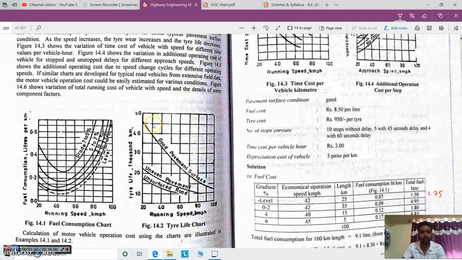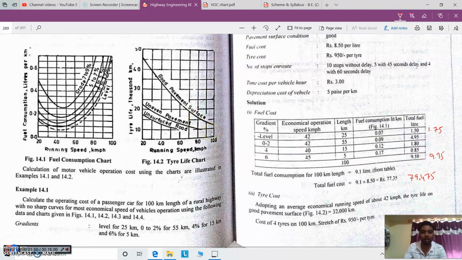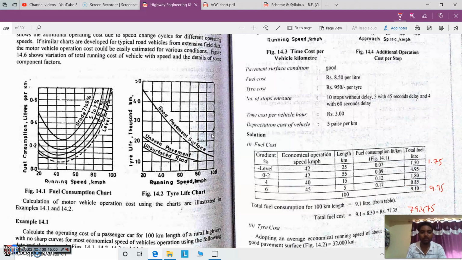Before going to solve, or before going to know what vehicle operating cost is, you need to know what costs are involved in these examples. Whenever you take your own vehicle and it travels a total length of 100 kilometers, whatever the expenditure is for your vehicle in that length will be summed up here.